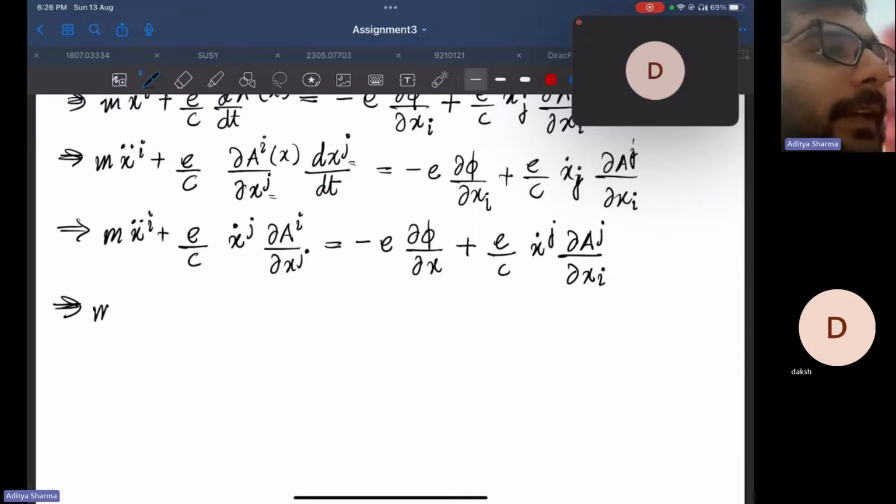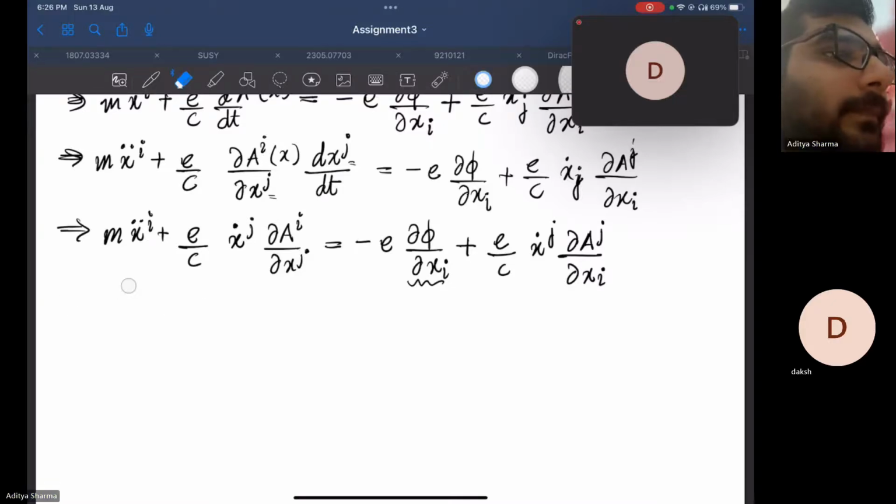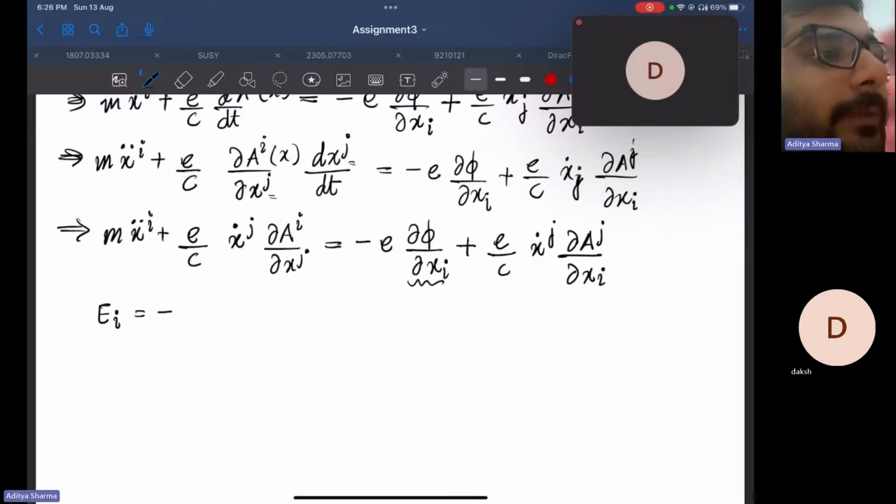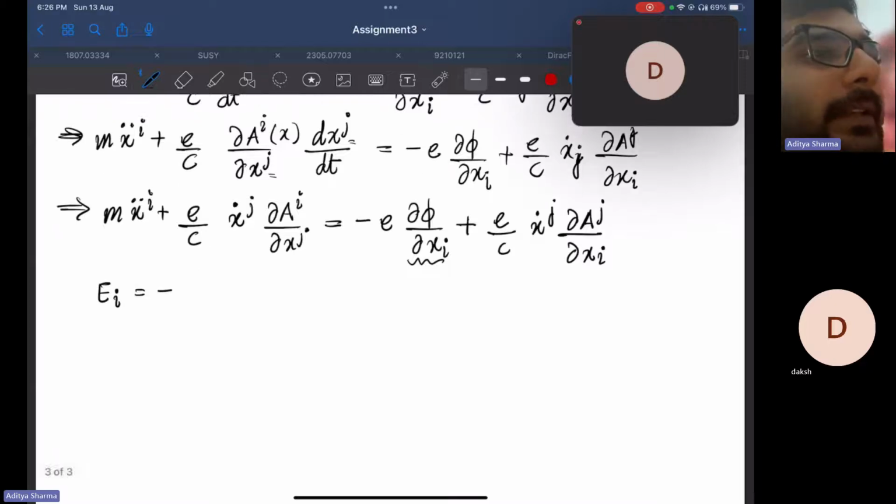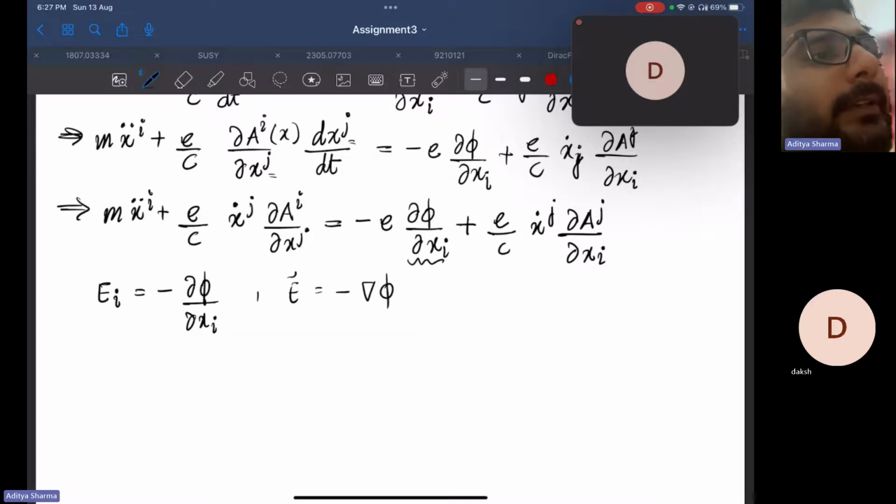So we find that force is equal to minus e. Now our electric field, the ith component of the electric field E, is minus dou phi by dou x_i. This is because this is the gradient of phi. I've just written this in the component form.